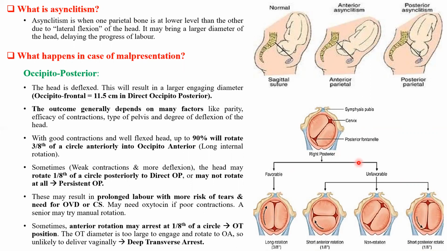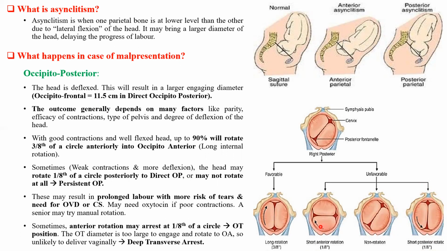But if there are weak contractions and the head is more deflexed, we have 3 possibilities. The first possibility, instead of rotating anterior, the head will rotate posterior 1/8 of a circle to be in direct occipito-posterior position. Or it may not rotate at all, and this will be persistent occipito-posterior.